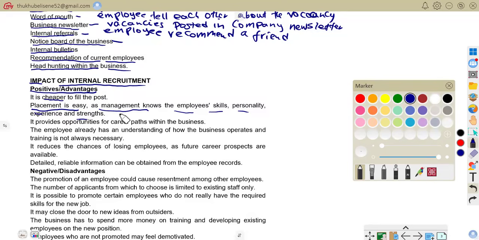It means the employer already knows the employee's strengths and weaknesses, so that is why placement is going to be easy. For example, a manager promotes a trusted team leader because he knows that person. That is what we mean.